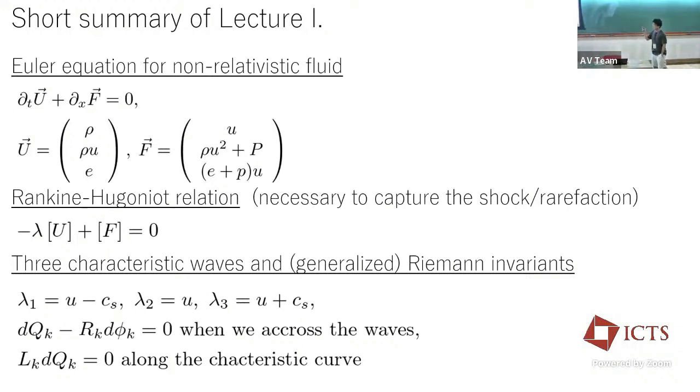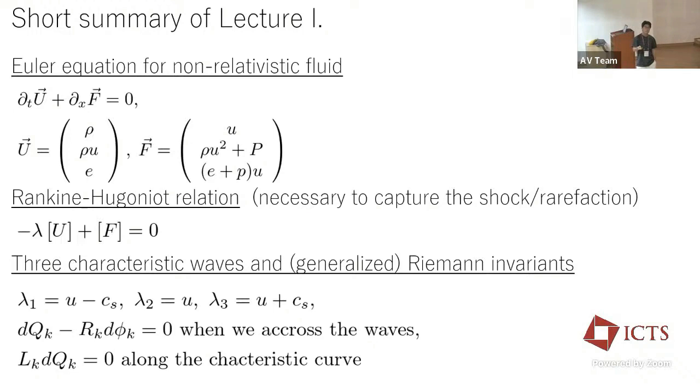But as I explained yesterday, if shocks or discontinuities appear during the evolution, you cannot apply the direct finite difference method to evolve this system. In that case, we need to seek a weak solution by integrating these vector u, and this weak solution results in the Rankine-Hugoniot relations, which the physical quantities should satisfy before and after the discontinuities.